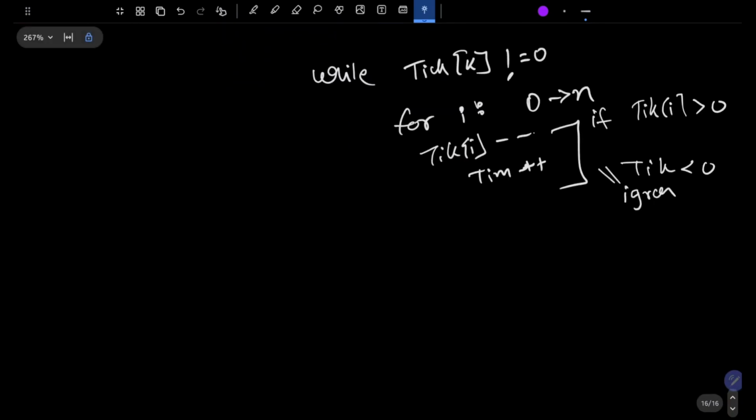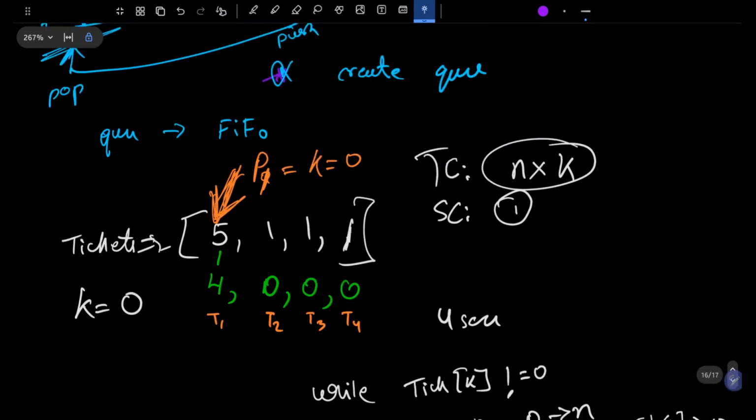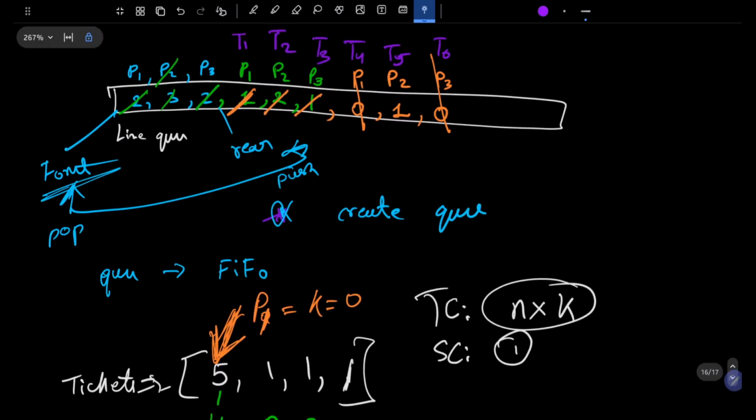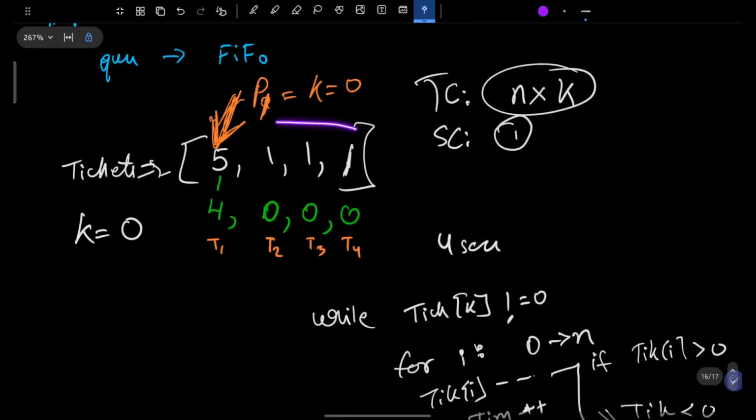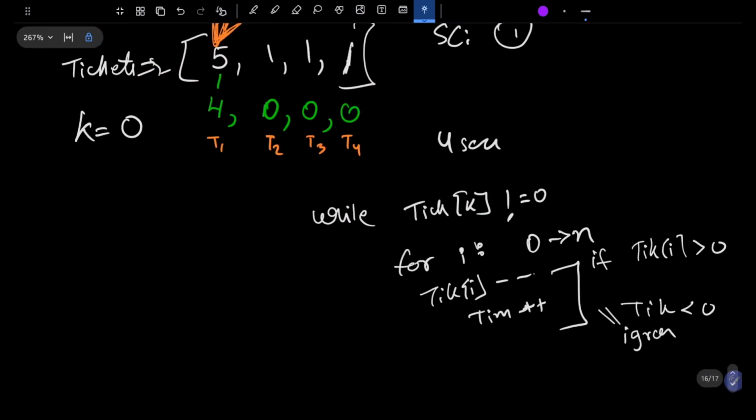Now how much can I optimize further? If you see, we are iterating this again and again, or I was storing this in a queue. So what I can do is extend my iteration and do it in a single pass.